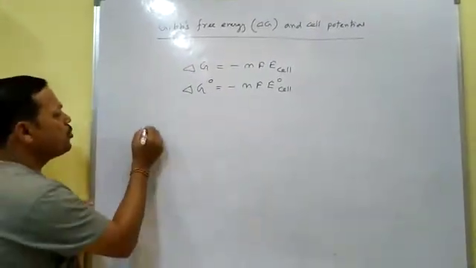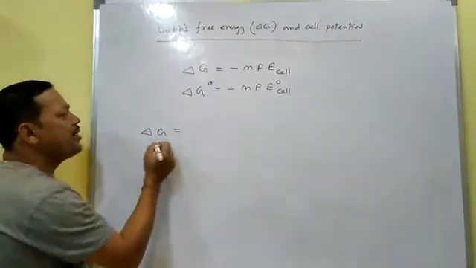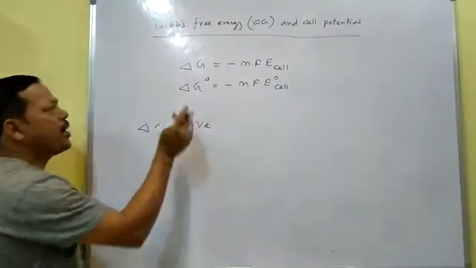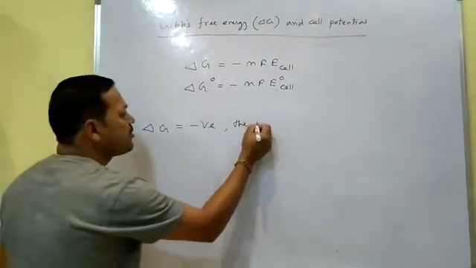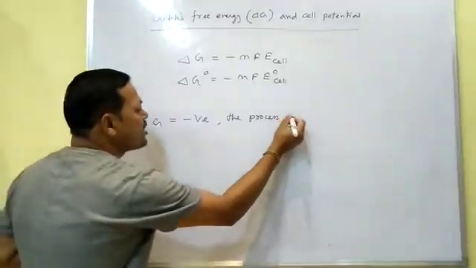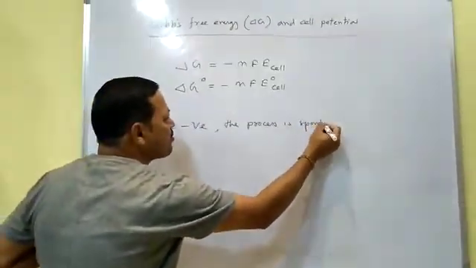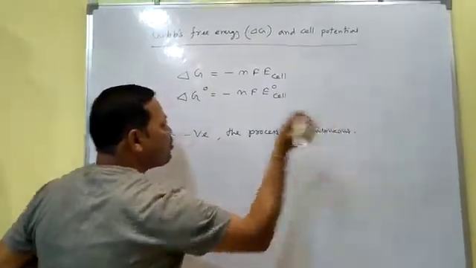And one thing you should know: if the delta G value is negative, I mean after calculation, if you get a negative value, the process is spontaneous.